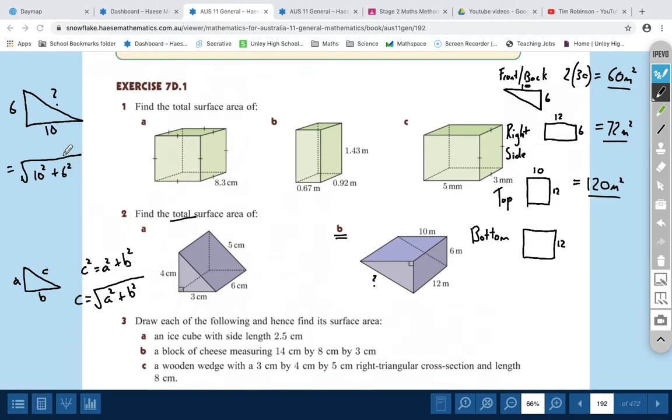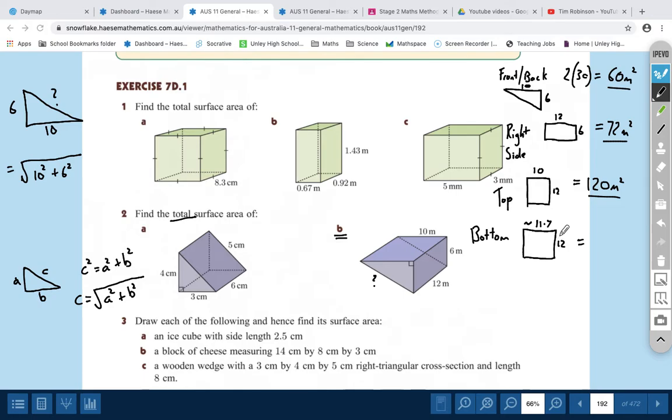Okay, I've got a calculator here. It's the square root of 136, which is 11.66. Let's just say it's approximately 11.7. Right. Now calculator time again. What's the area of this rectangle?